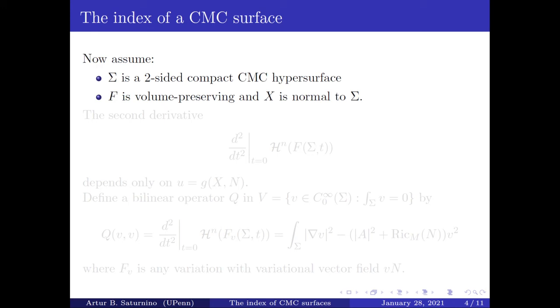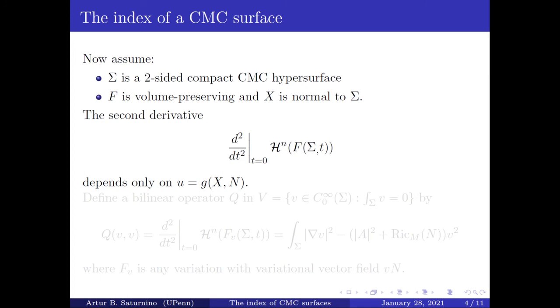There is a definition of index for one-sided minimal surfaces, and we can also define index for non-compact CMC hypersurfaces by taking an exhaustion, but for the purpose of this talk, we won't get into that. And let's assume that F is volume preserving and that X is normal to sigma. The variational vector field is normal.